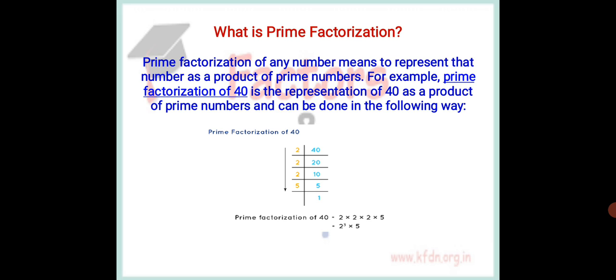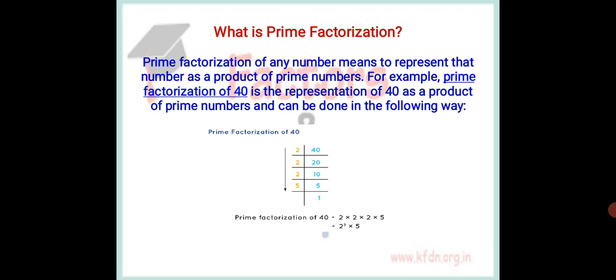Now, with the resultant, divide the number once again by 2. So, if we divide 10 by 2, the result is 5. Now, if we divide 5 by 5, we get the result 1. Look at this multiplication, children. 40 equals 2 into 2 into 2 into 5.